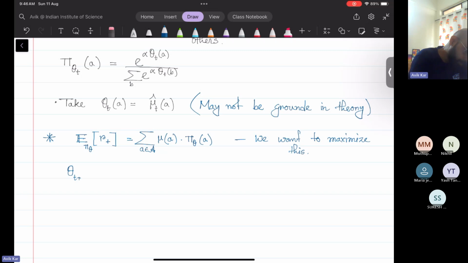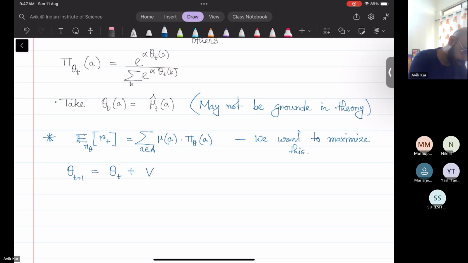You update your parameter, that is, you go from theta t to theta t plus 1 by taking a step towards the gradient. If you want to minimize loss, then you take the negative of the gradient. If you want to maximize an objective, as in this case, we go towards the gradient.